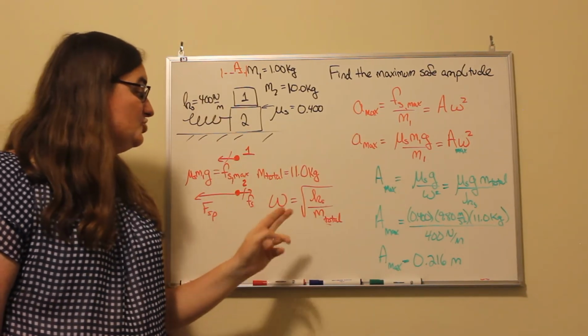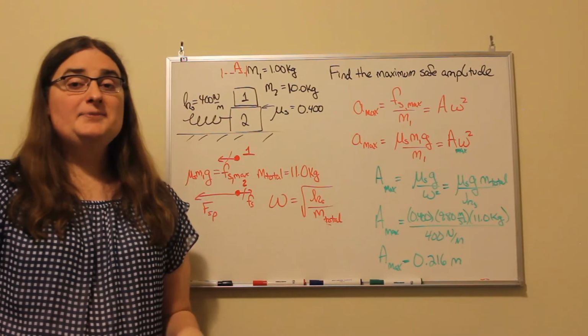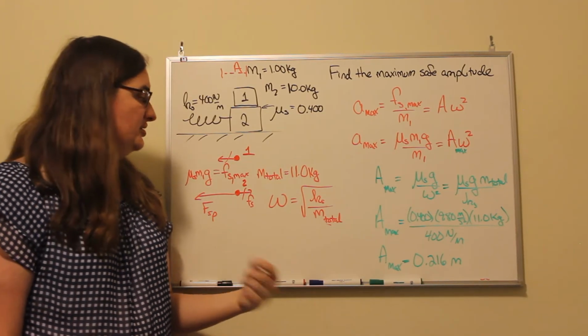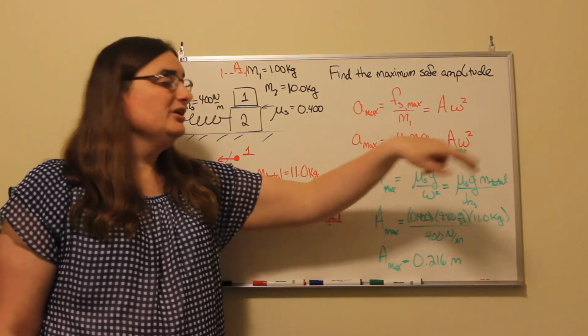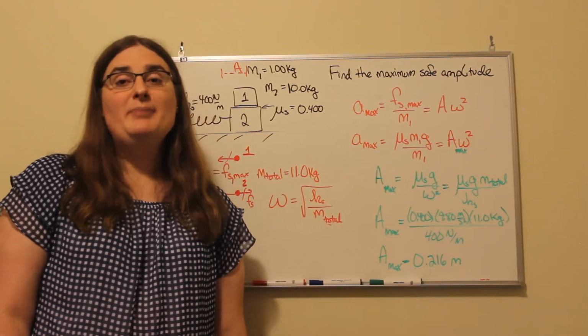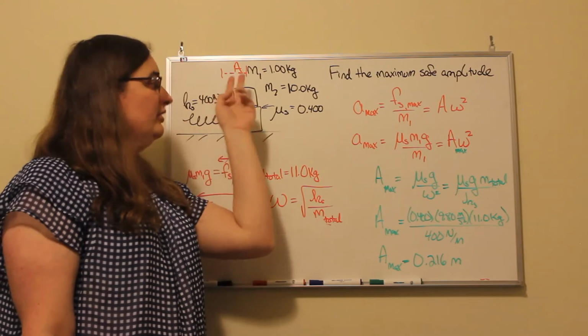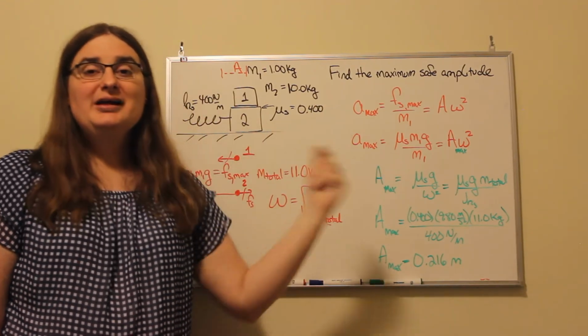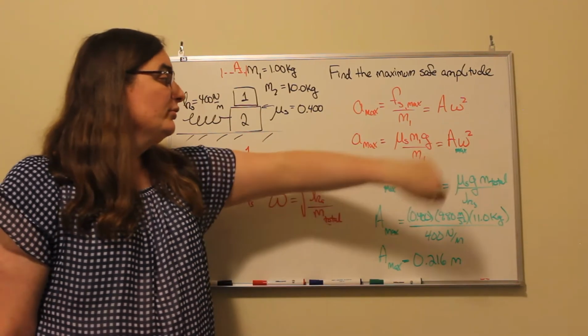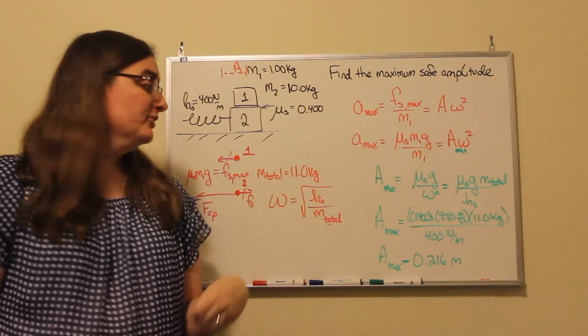From kinematics, for an object in oscillating motion, our maximum acceleration happens at our amplitude times our natural frequency omega squared. Now, we aren't told an amplitude. We want to figure how far back we can pull and still be okay. So really, we're looking for the maximum amplitude there.